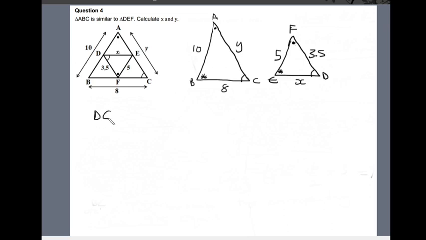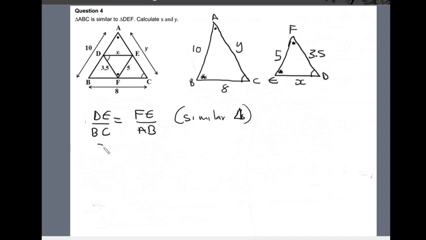So if I say DE over BC, this will be equal to FE over AB. FE over AB, right? Because these two triangles are similar, right? So the reason is similar triangles, and with similar triangles, the corresponding sides are in the same proportion.